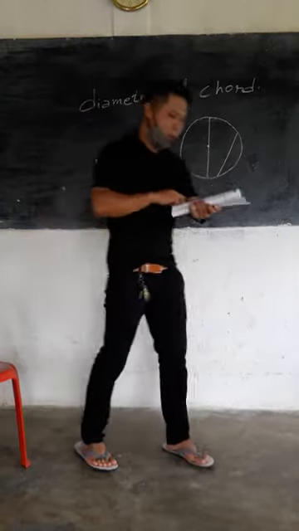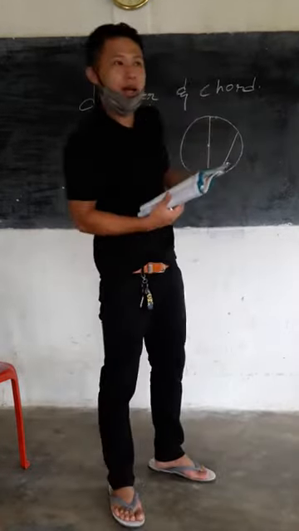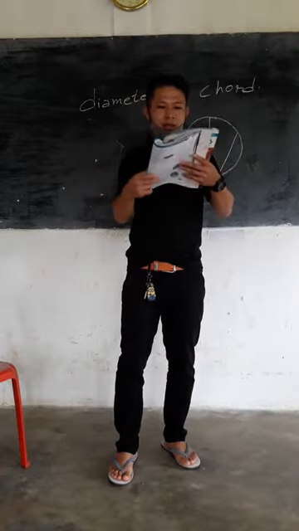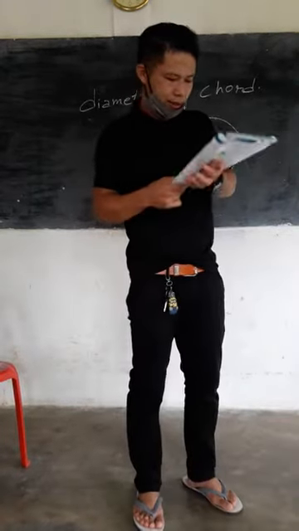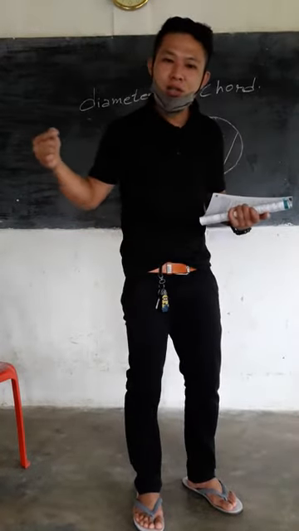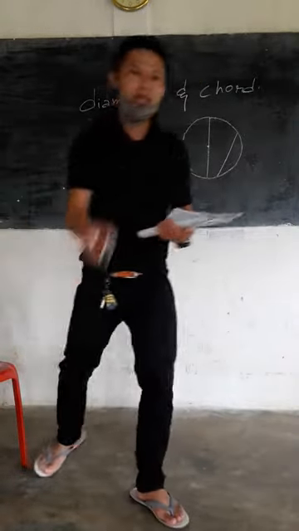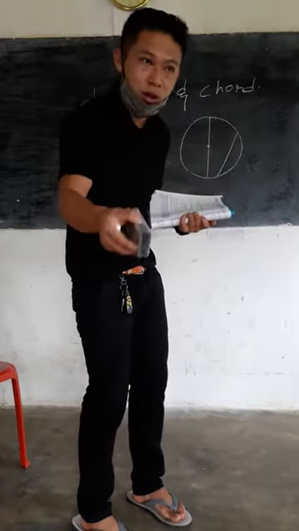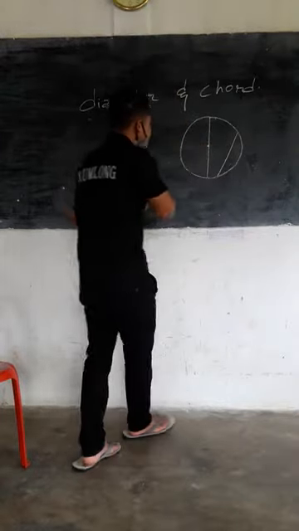Okay, you can write the answer for this diameter and chord like this. Diameter is the longest chord of a circle which passes through the center point.